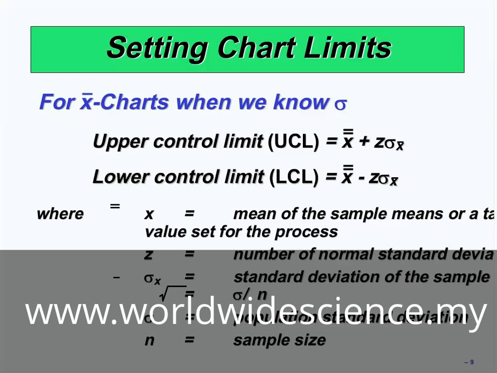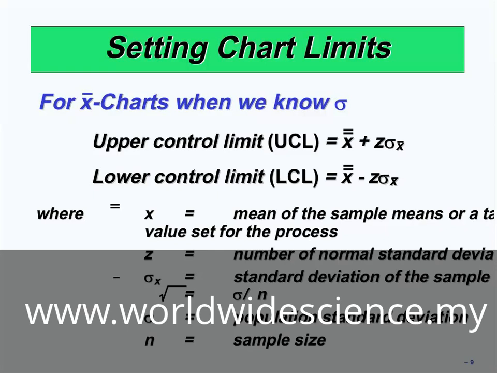For example, they tell you the normal standard deviation should be 2. It means that Z should be equal to 2 or 3 or 5, and also sigma should be this number.